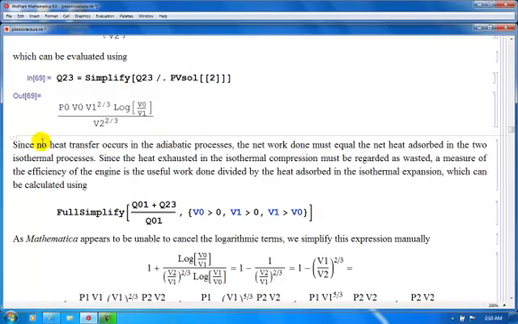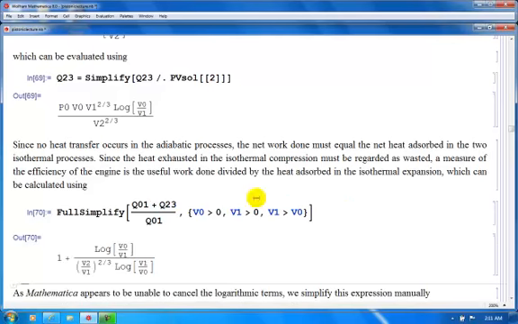And since no heat transfer occurs in the adiabatic process, the net work done must be equal to the net heat absorbed in the 2 isothermal processes. But since the heat exhausted in the isothermal compression must be regarded as wasted, a measure of the efficiency of the engine is the useful work done divided by the heat absorbed in the isothermal expansion. That useful work done is the heat absorbed in the isothermal expansion, subtracting, remember this is negative, the heat expelled in the isothermal compression. So that's this.